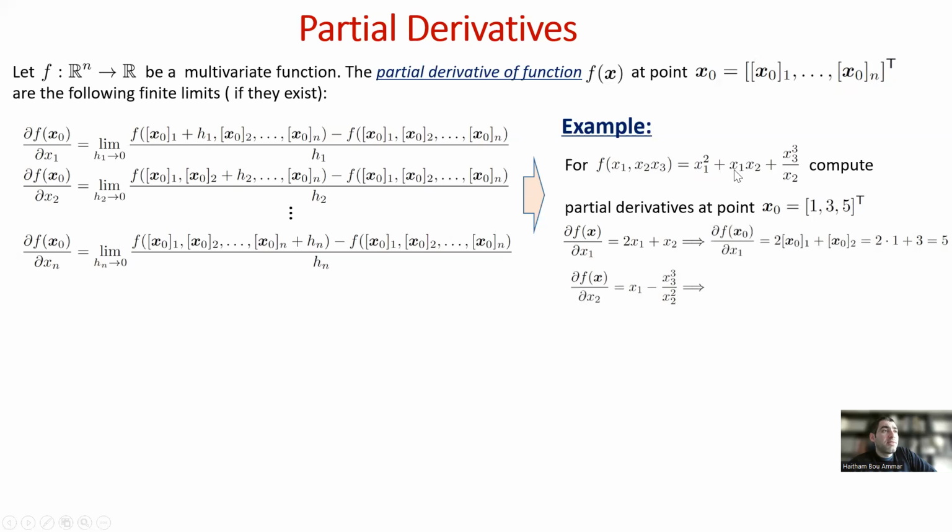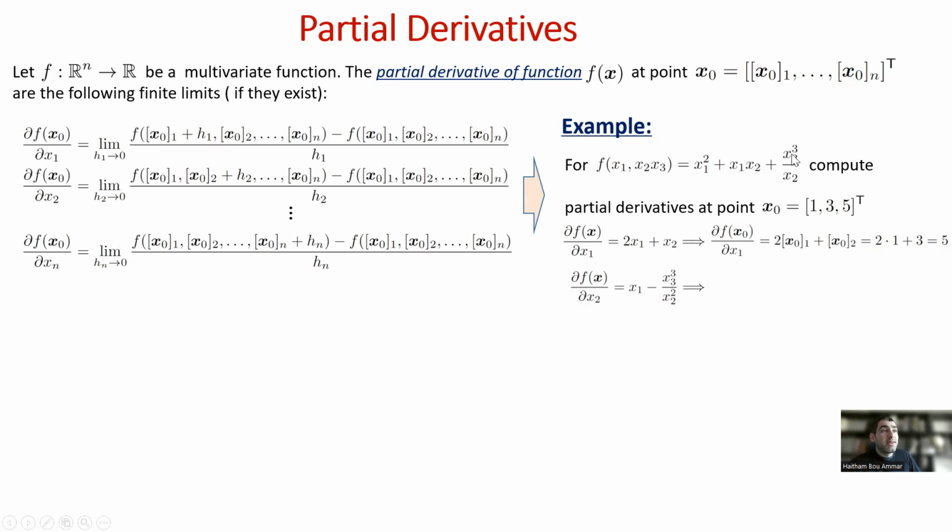Now, when you compute the partial derivative of x1 x2 with respect to x2, because x1 is a constant, it will be nothing but x1, again following the linear property of the differentiation operator. Then please notice when we take the derivative of the third additive term, x3 cubed divided by x2, we treat x3 cubed as a constant, so it stays untouched.